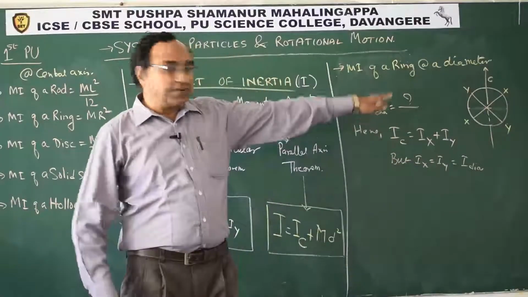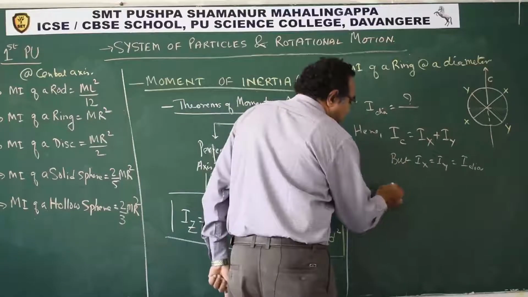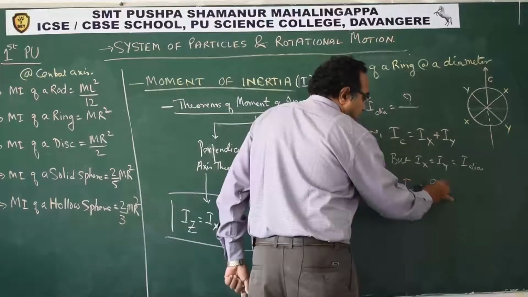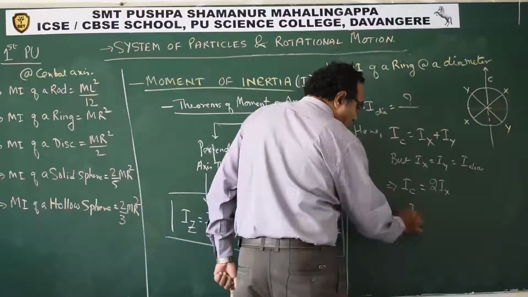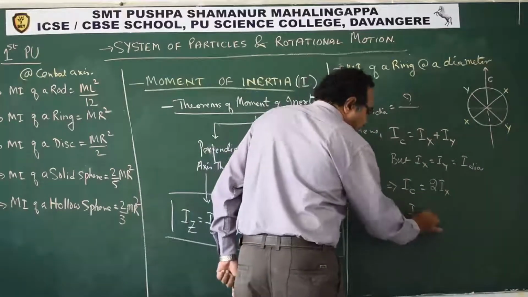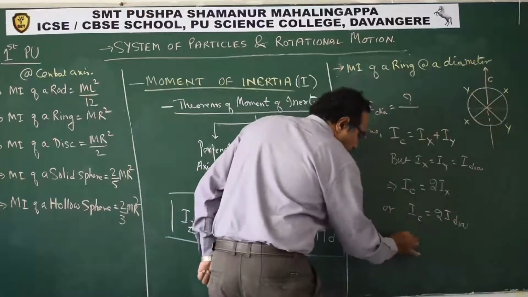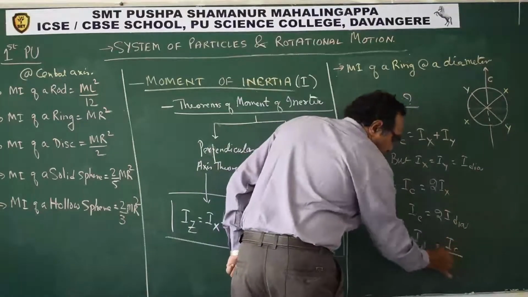The x-axis is a diameter and y is also a diameter. So therefore, I about the center is 2 times Ix, or I can say 2 times I diameter. So therefore I diameter will be Ic by 2.